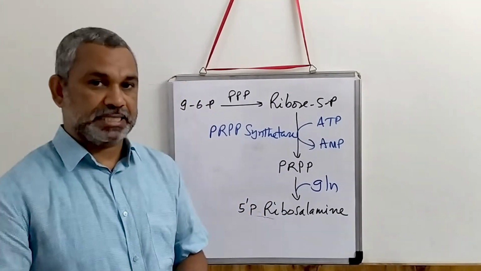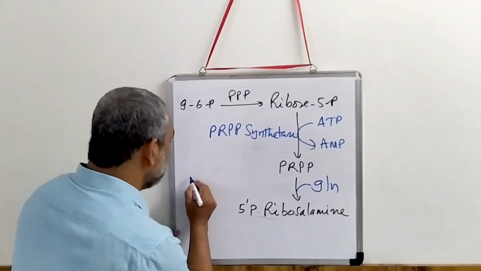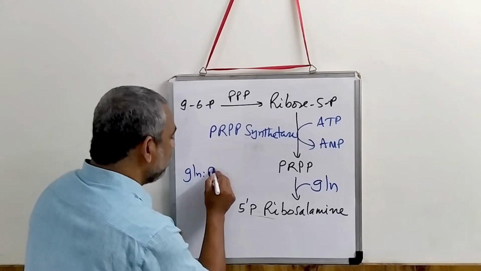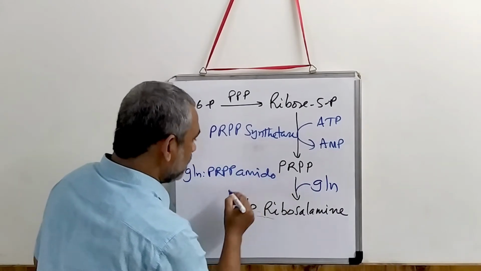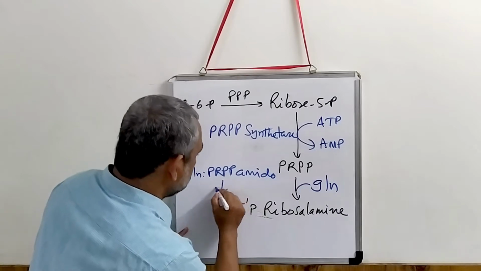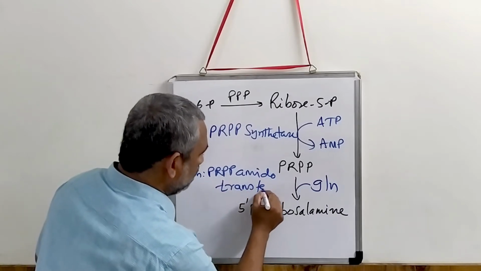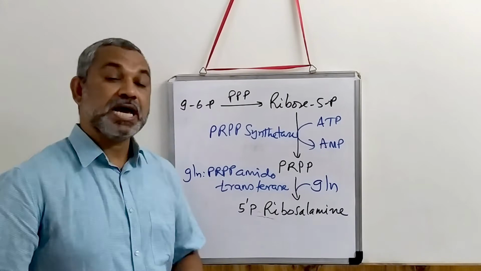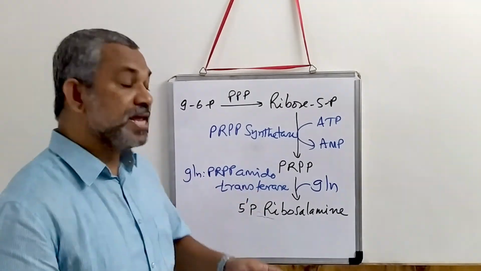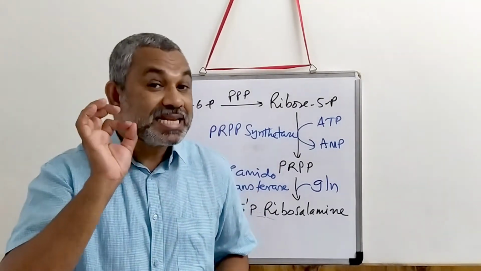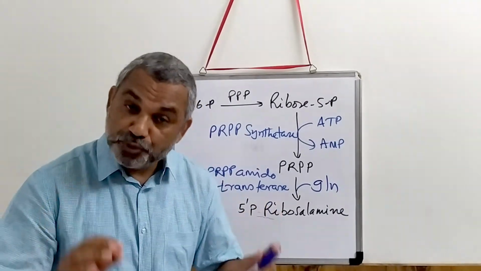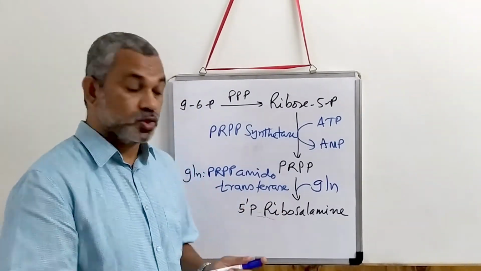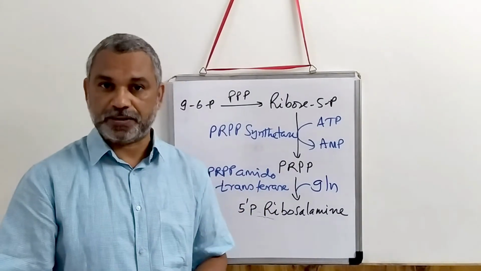Now here there is an enzyme. That enzyme is called PRPP glutamine amidotransferase. That is the committing step of purine synthesis. So therefore this enzyme is also important.